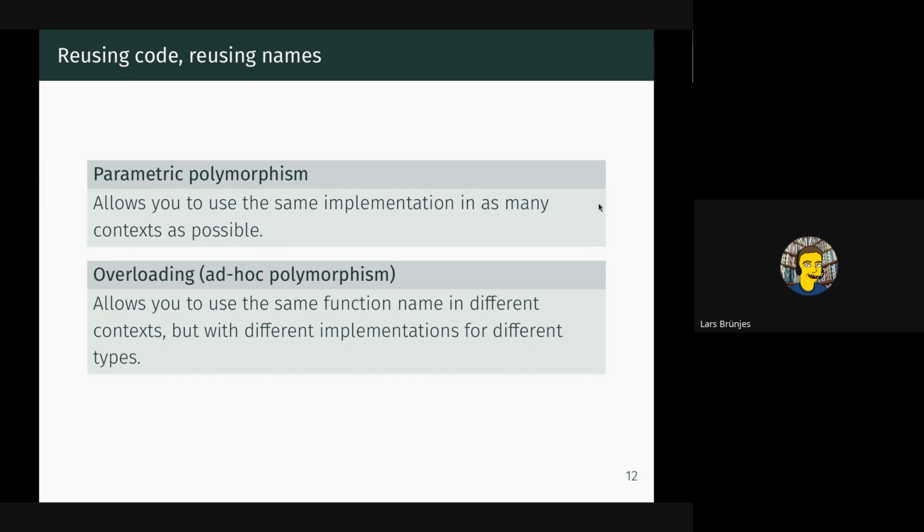So the difference between the two is that here it's the same name, same implementation, and here the same name but different implementation. So polymorphism allows you to reuse code, and overloading is reusing names. You don't want to always come up with a new name for stuff that does similar things, so you can reuse the same name.